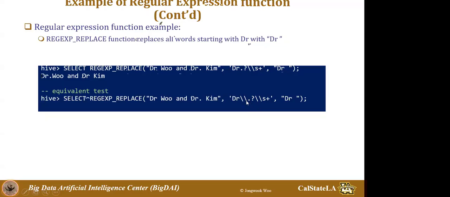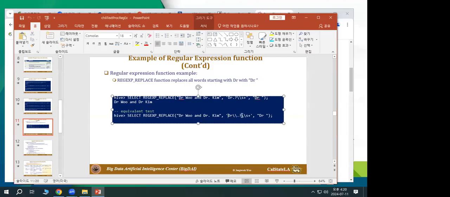What is backslash dot? Yeah, the dot character, that could happen. Question mark means 0 or 1 time, right? So whenever there is a dot or not, with the space that could occur one or multiple times, it should be replaced with "Dr space". So actually it should have the same result, because that means the same thing.